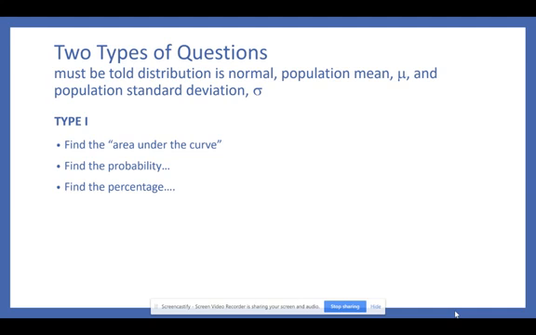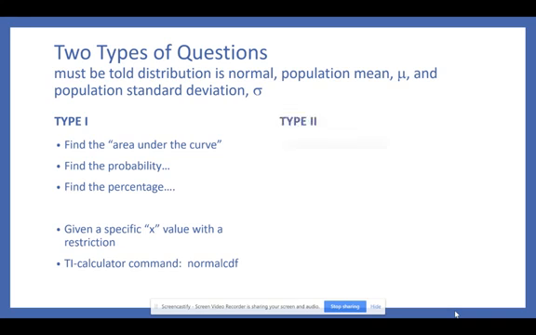The main difference is how you write your final answer. With a type 1 question, you're given a specific X value with a restriction, like it needs to be less than the value or greater than the value. And on our calculator, we're going to use a command called the normal CDF, and I'll show you where to find it and what information to enter in it as we go throughout this presentation.